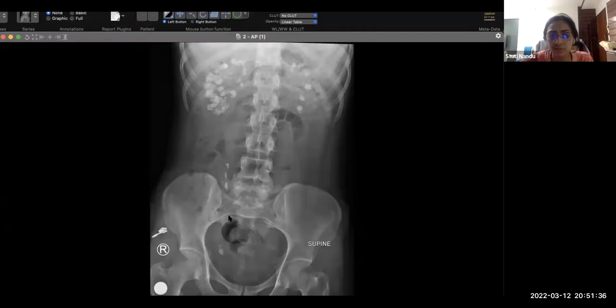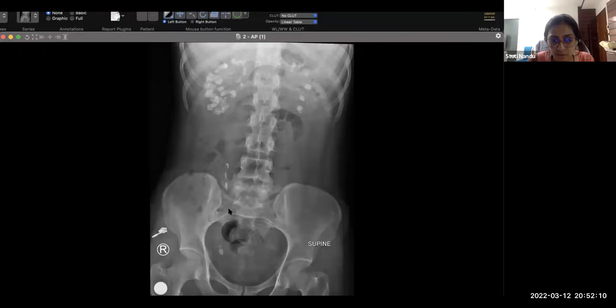Okay. Based on the bilateral renal calcific densities, this is a case of bilateral nephrocalcinosis. I would like to inform the findings to the referring clinician and suggest correlation with any previous radiographs or ultrasound if available, and also rule out the possibility of associated hyperparathyroidism.